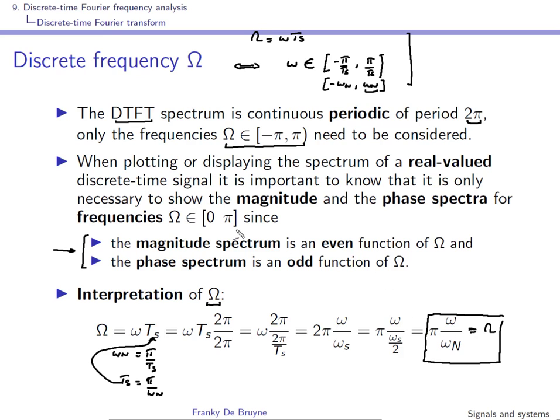Since we have a magnitude spectrum that is even and a phase spectrum that is odd, instead of looking at the interval minus pi to pi, we'll simply look at the interval 0 to pi. Obviously from this relation, a discrete frequency of 0 will correspond to an analog frequency of 0, and a discrete frequency of pi will correspond to an analog frequency that is precisely the Nyquist frequency.